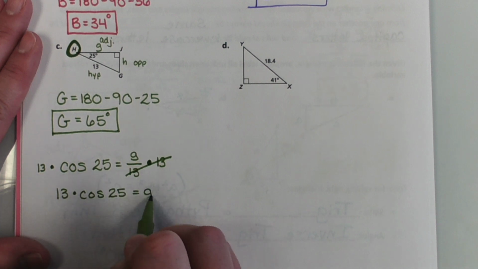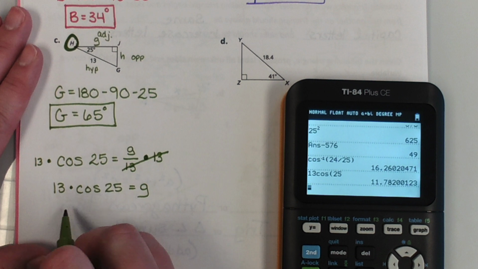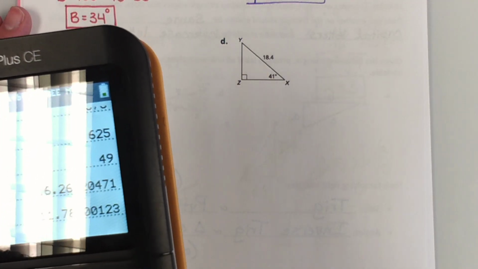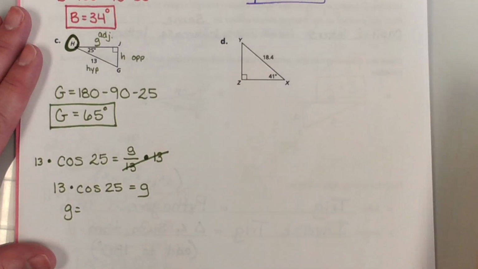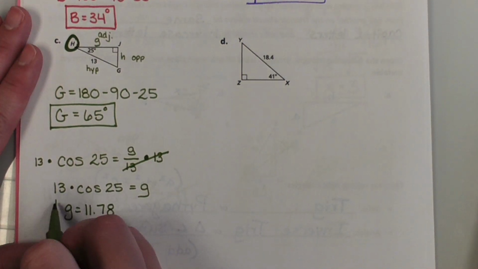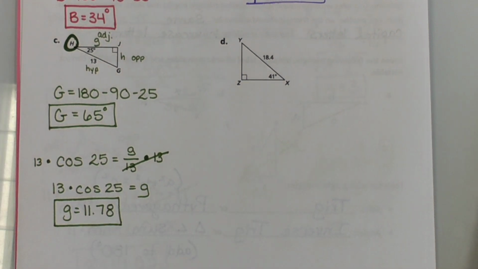So I type it into a calculator. 13 cosine of 25 is... This is a side length, so rounding to the nearest what? 100th. 11.78. To solve for the final side length, you have options to work with trig or Pythagorean theorem.